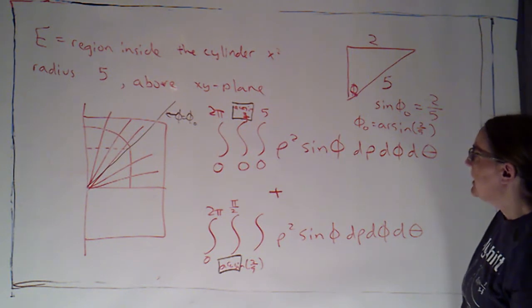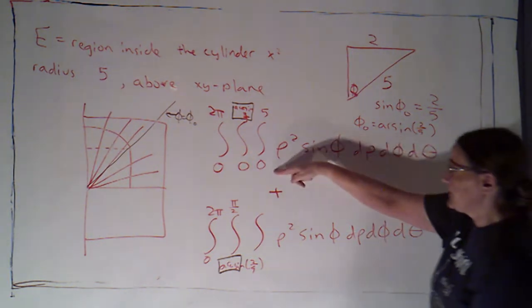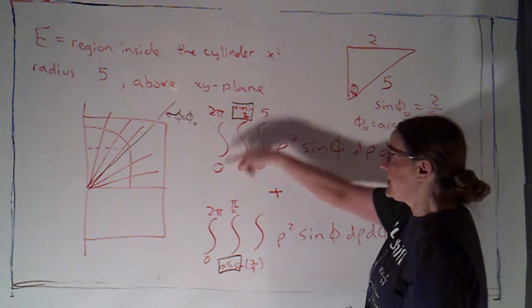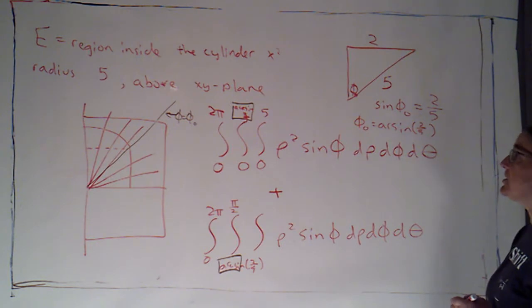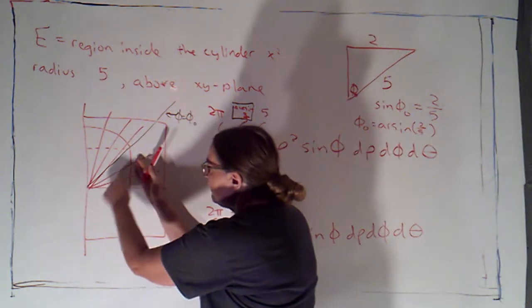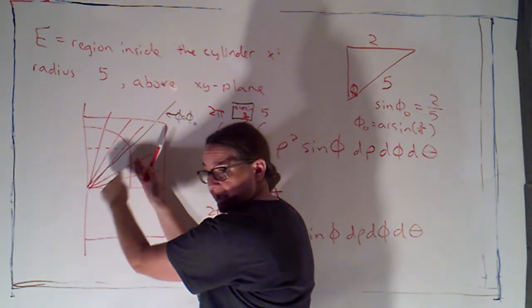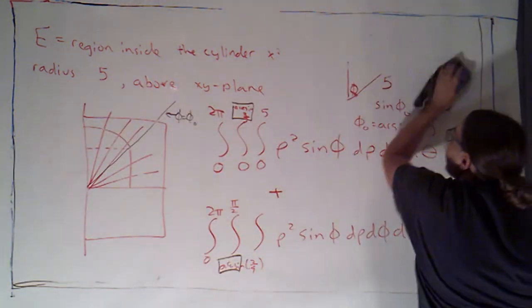Okay, so this first integral we've got our limits of integration for rho, for phi, and for theta. Here we're just missing our upper limit of integration for rho. So that's going to be this rho value here. Let's take a look at the picture that we get for that.